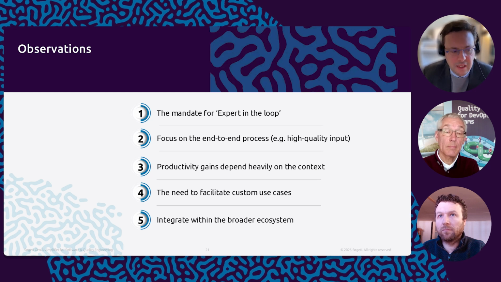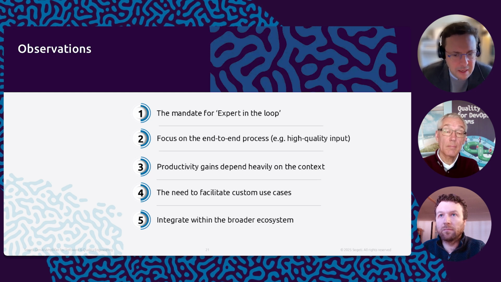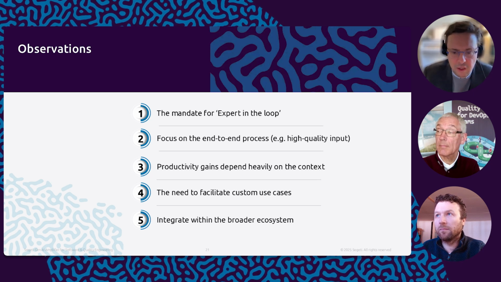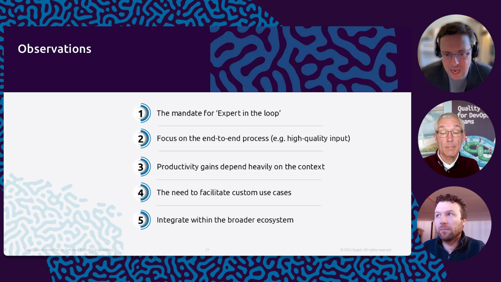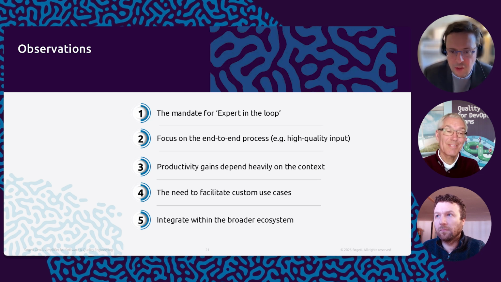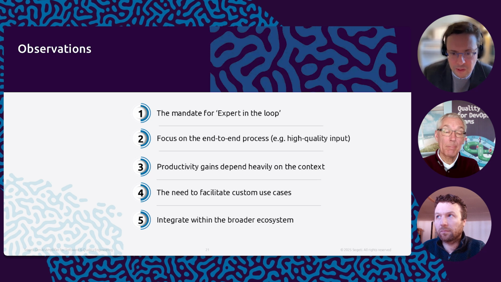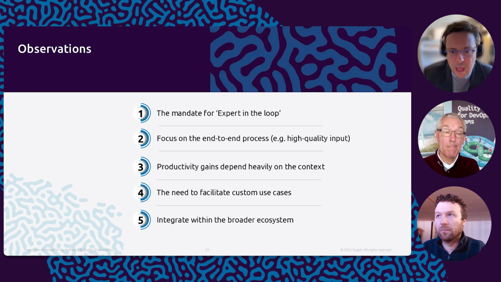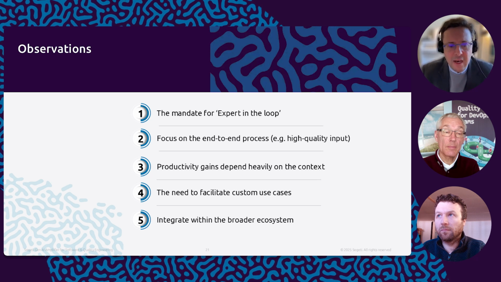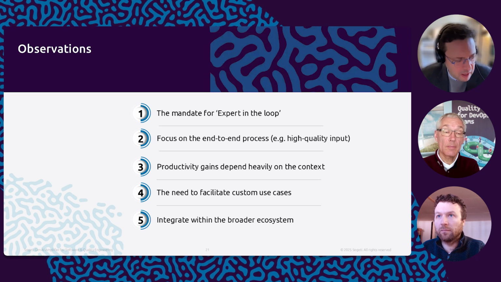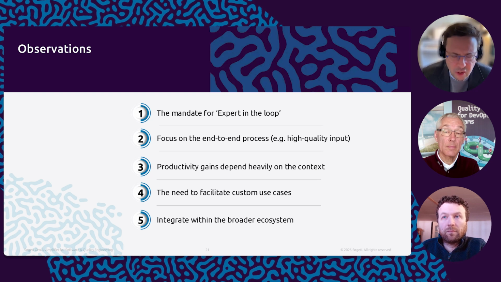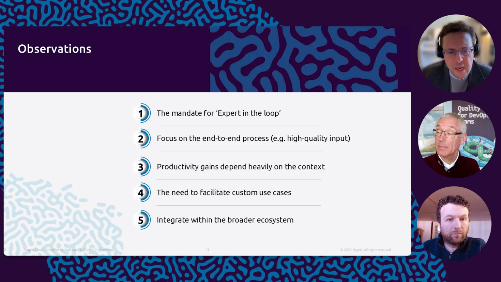The third one is, obviously, productivity gains highly depends on the context. So we need to find ways of tuning the RAG system, the knowledge system. And again, this is not a science, it's a fine art. The number of files, the type of contents, the length of content we put on the RAG also has an impact on the output. And again, there's a new things behind generative AI. We've done a lot of experiments with a large amount of our clients.